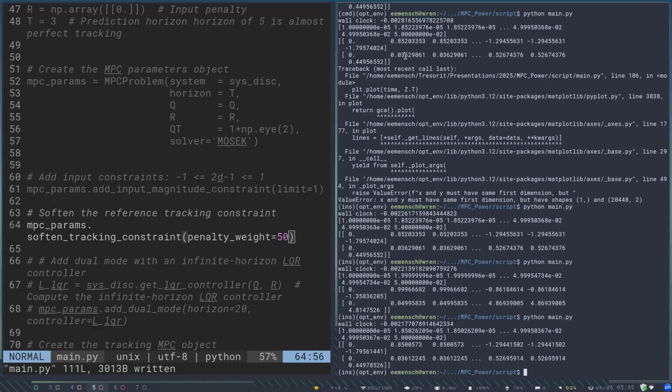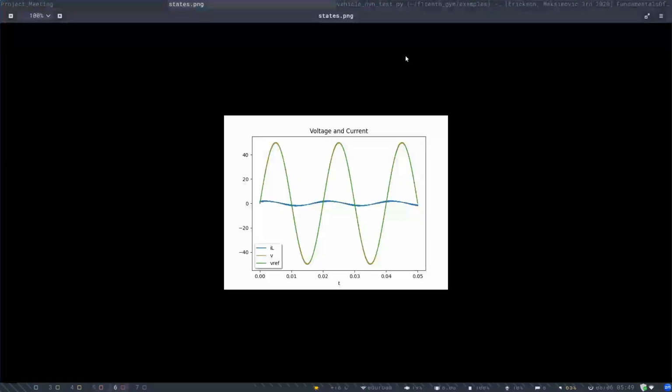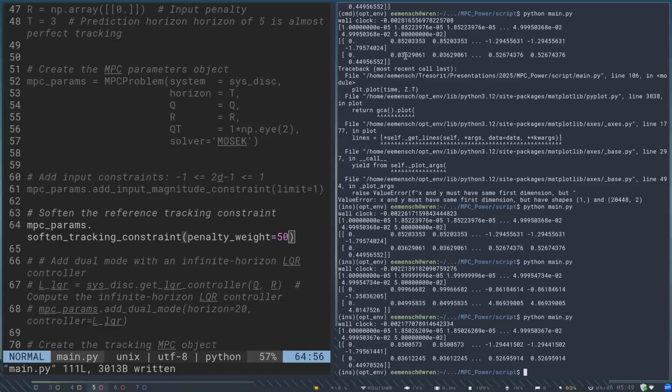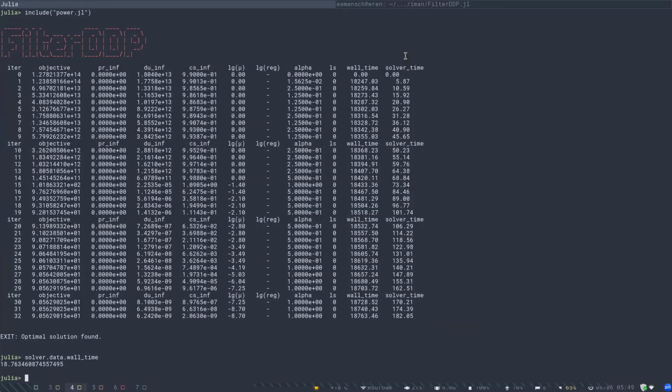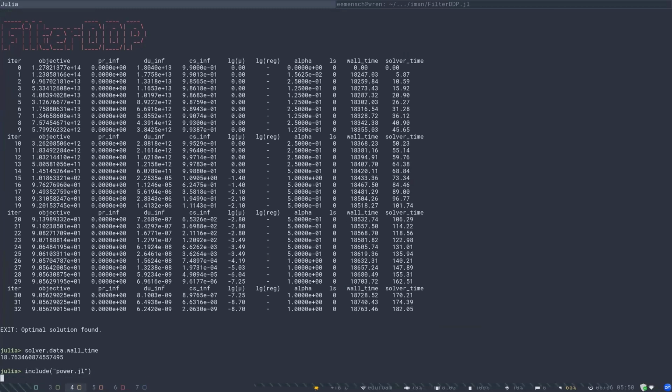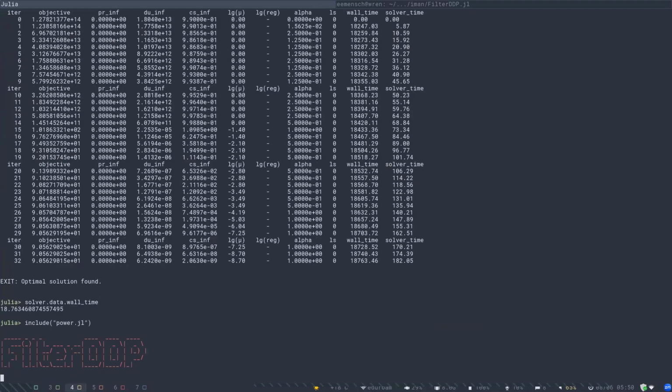Now, the biggest problem is time. How much time it takes to solve this problem. So we can go and use something slightly fancier, if I can find it, here. So this I only solved one step.